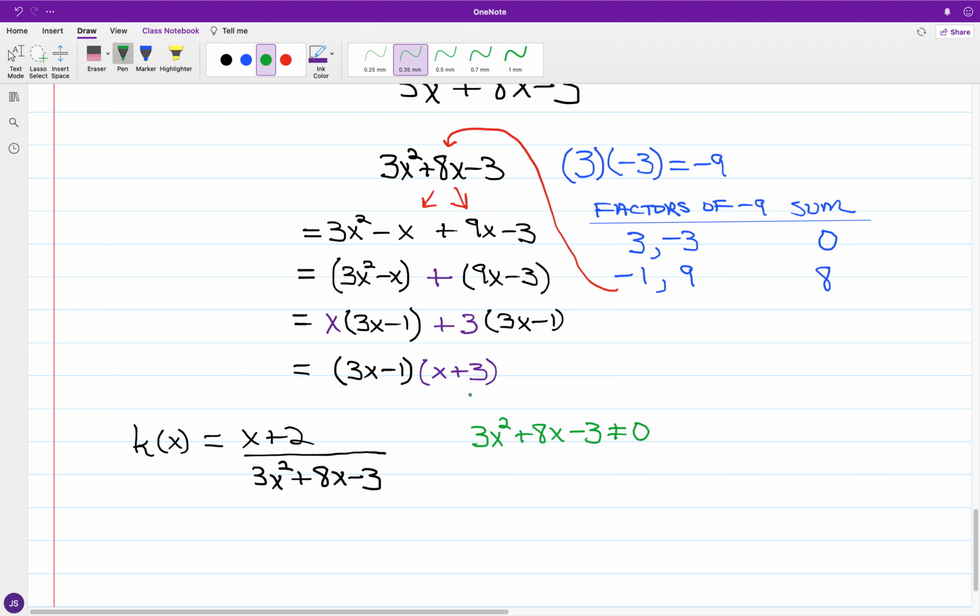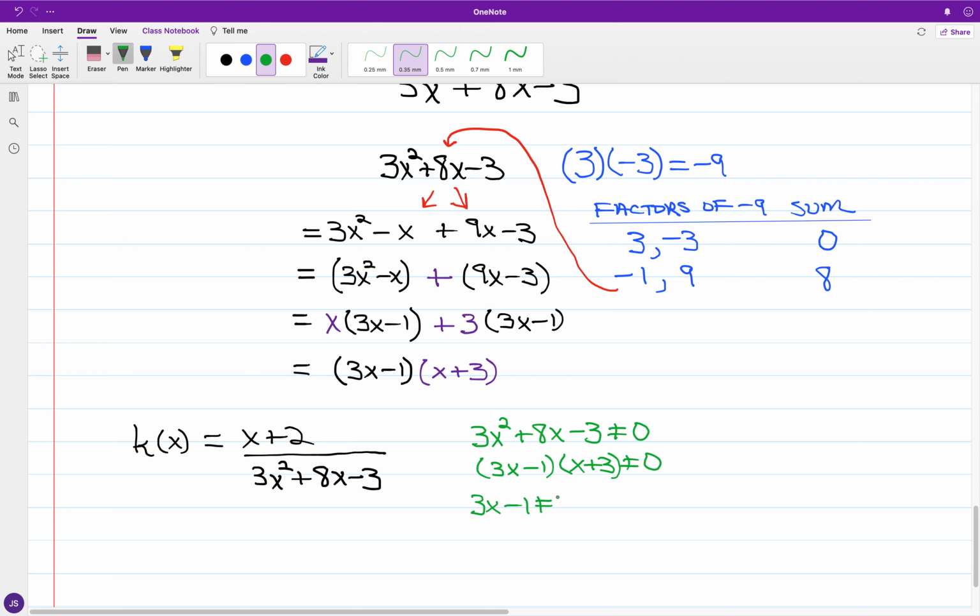And if that is the case, then neither factor can be 0 either. And again, the factors we had are 3x minus 1 and x plus 3. Again, neither factor can be 0.